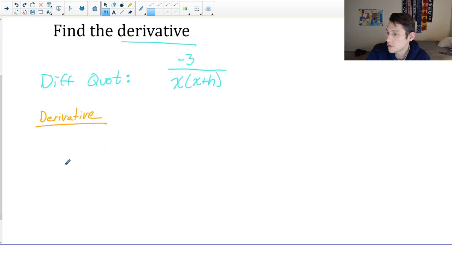So to find the derivative, that means I just take the limit as h approaches 0. So as the distance between those 2 points becomes 0.